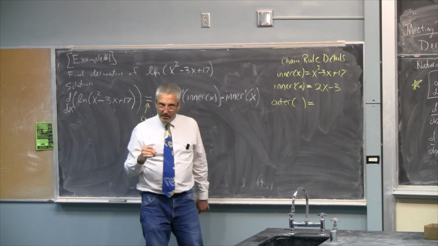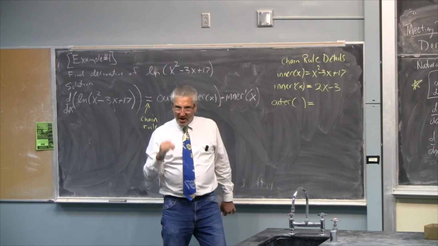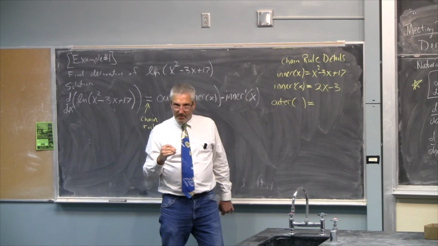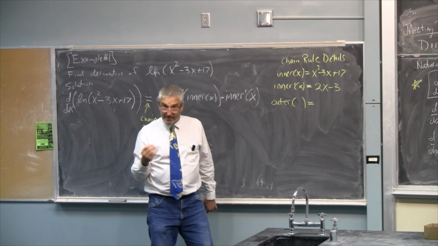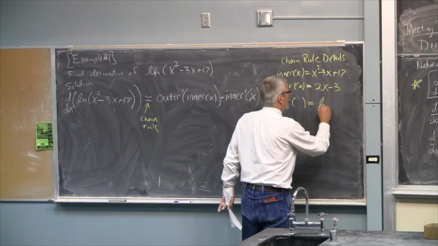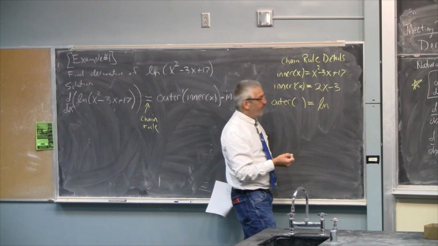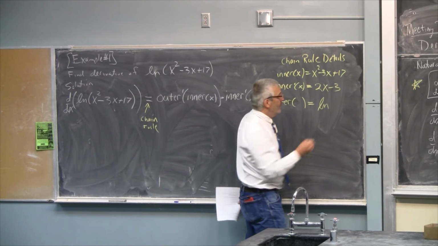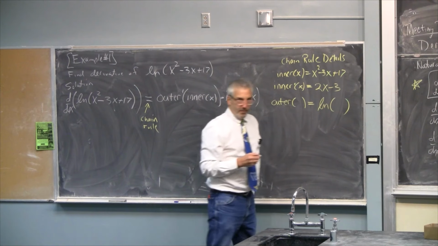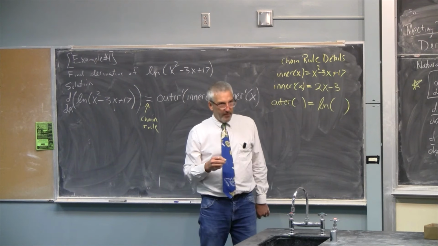I mean, natural log of whatever's inside parentheses. Natural log of parentheses. That's the key. That symbol cannot live by itself. That has to have an argument. So in this case, it's natural log of parentheses.